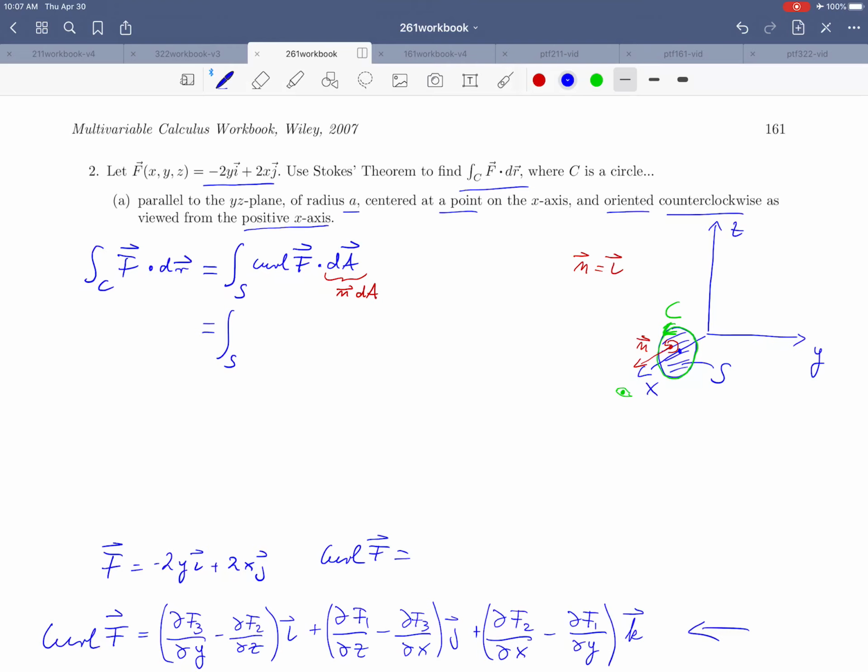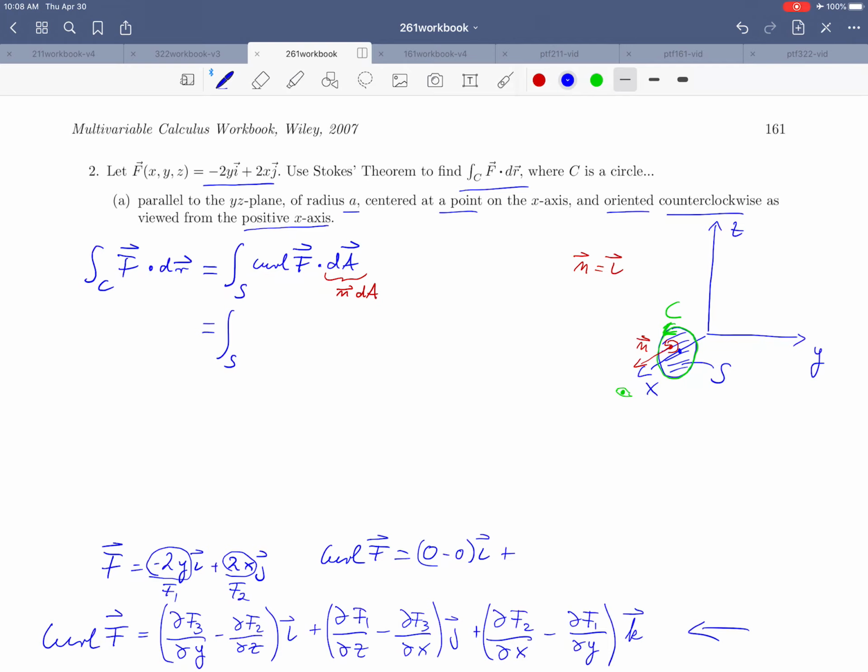Well, f3 is 0, so that gives us a 0. Then partial f2 partial z: f2 is 2x and f1 is minus 2y, so partial f2 partial z is also 0. So I just have 0 i.